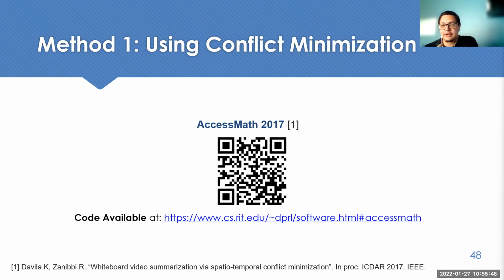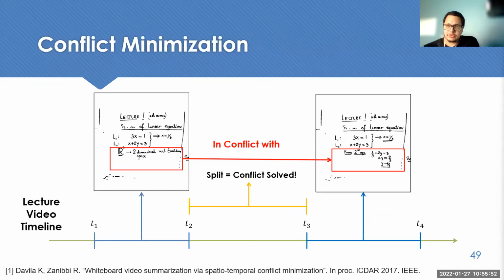The first one, we call conflict minimization. To have an idea of what we mean by this, first we need to understand what a conflict is. Again, we are dealing with fixed camera videos. Imagine that something gets written on the whiteboard at some time one, and it gets deleted at some time two.